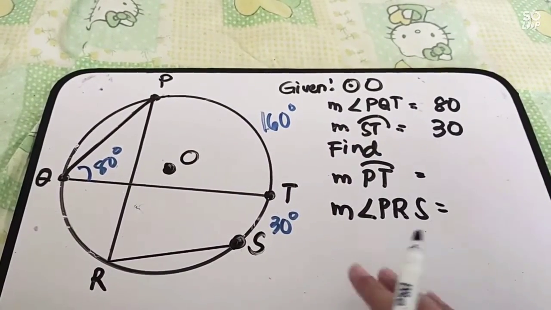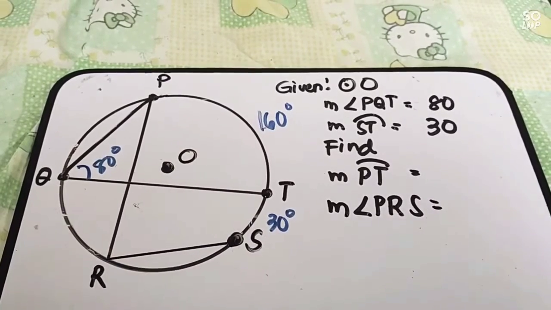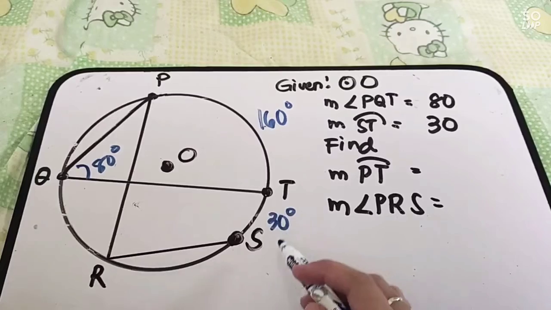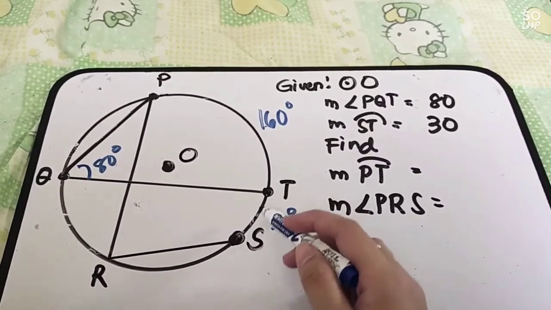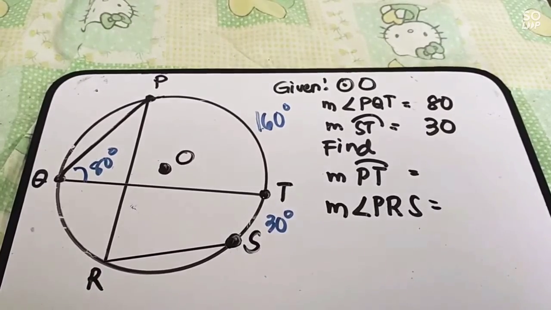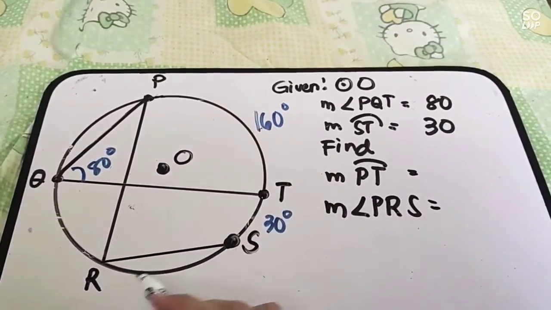Okay? So, bago kayo magsagot dito, i-analyze nyo muna yung circle. Next tayo. Dito tayo, 30 degrees. Ito, si ST daw. So, let us analyze kung paano natin makukuha si PRS.